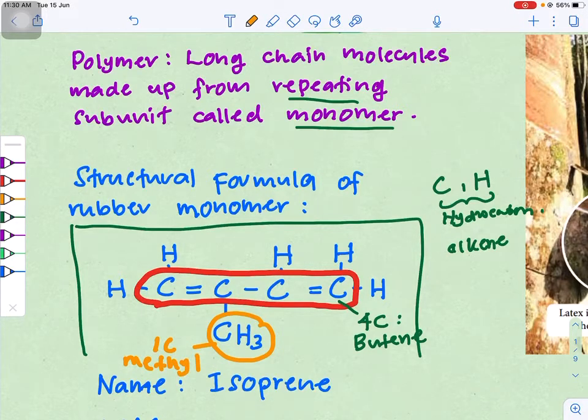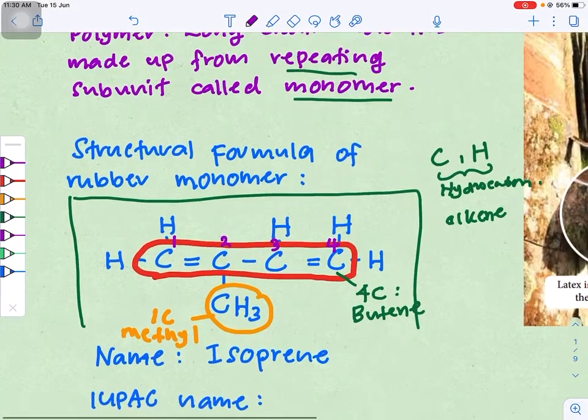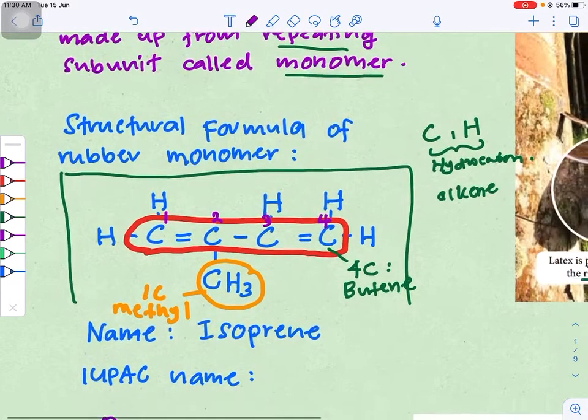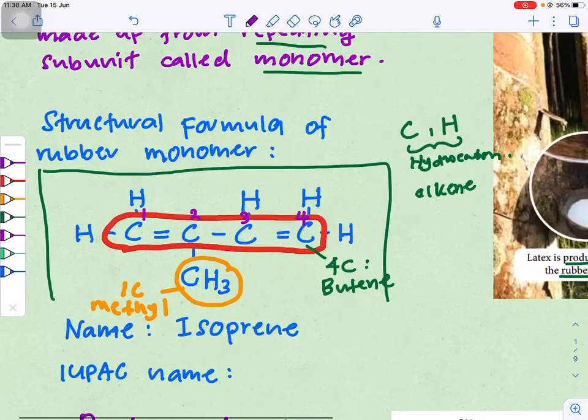Now we must check the position of the double bond. What is different about this compound compared to the previous alkenes you learned? This compound has 2 double bonds. The double bonds are at carbon number 1 and carbon number 3. Let's try to give the name first.